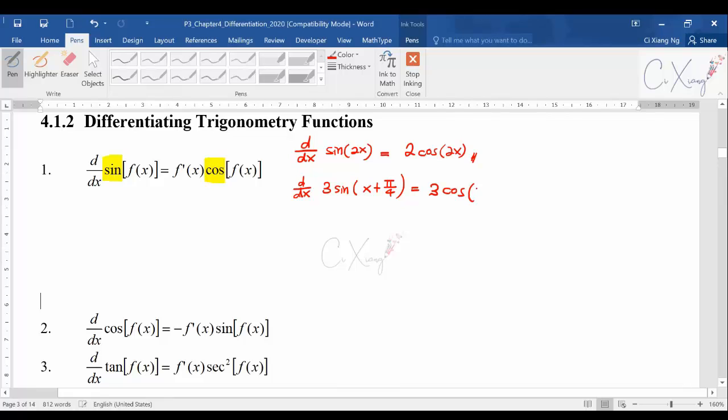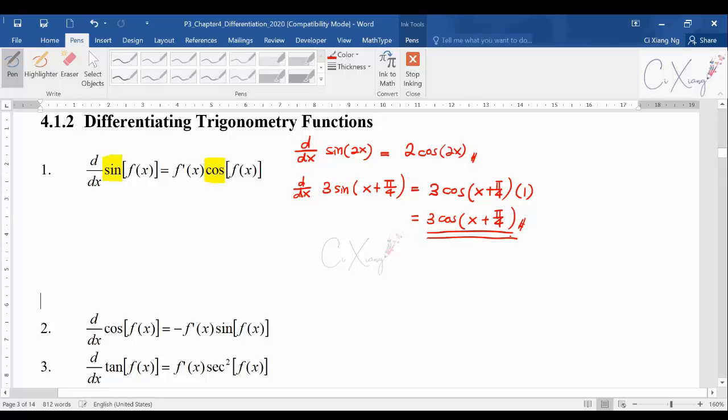So you have cos, and then you copy back the angle first. Then you look at the angle here. Differentiate x, you get 1. Differentiate pi over 4: pi over 4 is a constant, a number, so when you differentiate a number, you get 0. Therefore, you multiply it with 1, because differentiate x, you get 1. So your final answer should be 3 cos of x plus pi over 4.